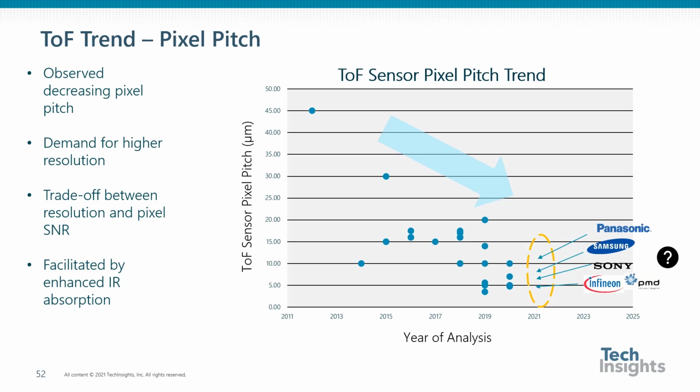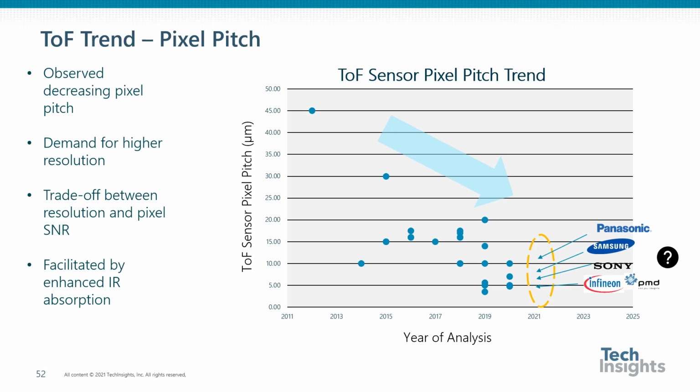Now we look at time-of-flight pixel pitch. Here what we observe from the data we've obtained through our analysis is that there is a clear trend of decreasing pixel pitch. Now, this is most likely due to two factors. There's a demand for higher resolution, and with higher resolution, the array footprint becomes important, so the pixel pitch or the pixel size has to be reduced.